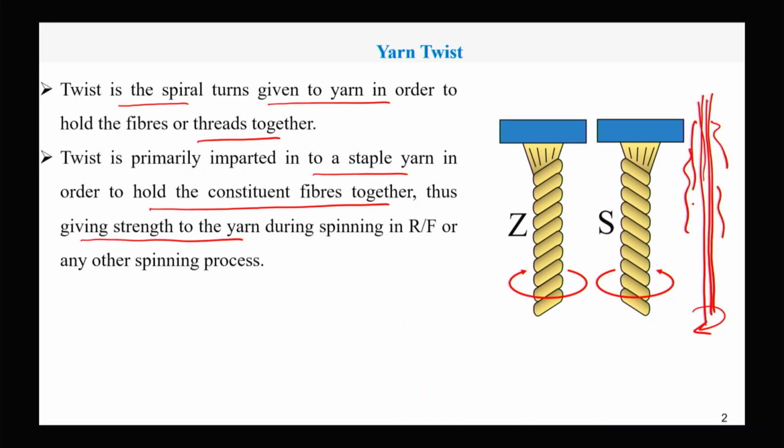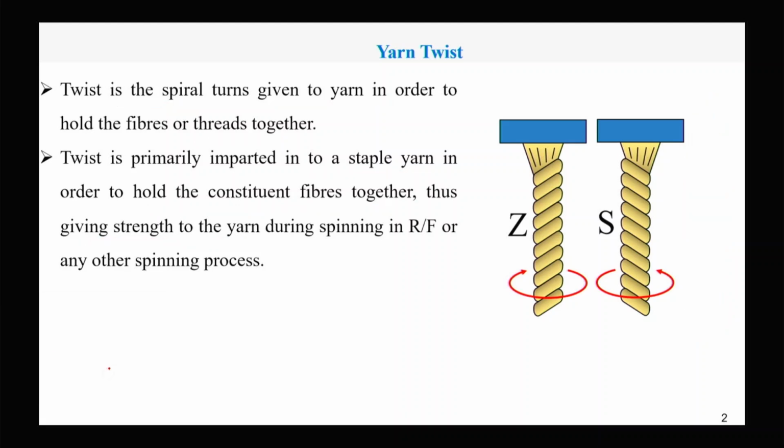To hold the filaments together in the multi-filament, we impart a small quantity of twist. So if you see, the twist is basically of two types. Broadly we can divide the twist into two types.